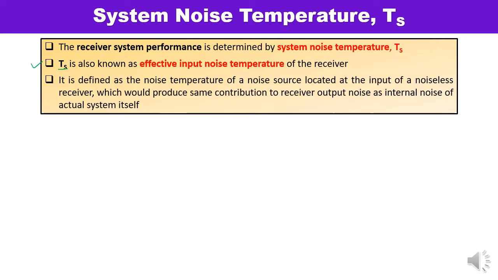Receiver system performance is determined by system noise temperature. To calculate it, you have to draw the receiver stage, which consists of an RF amplifier, IF amplifier, and demodulator, considering the overall gain of the receiving stage.